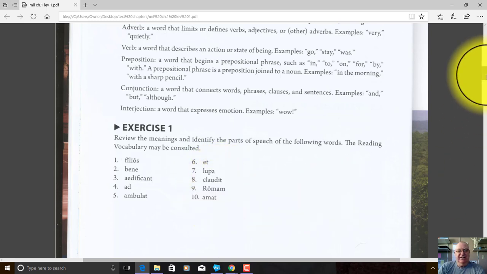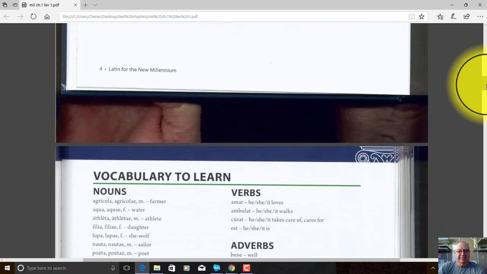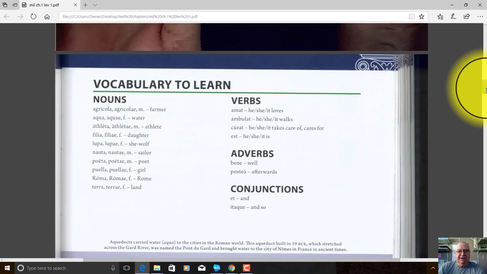So you can check your accuracy there. And here is vocabulary to learn. When we say learn, you really need to make flashcards, or you can use a Quizlet program, which sometimes helps you learn vocabulary just like flashcards do. Whatever you use, you need to learn these words.